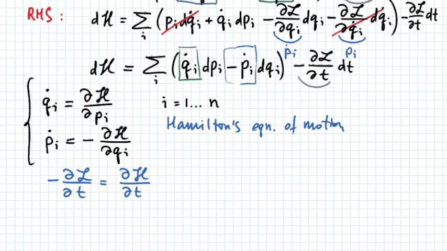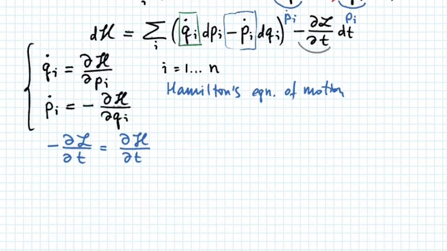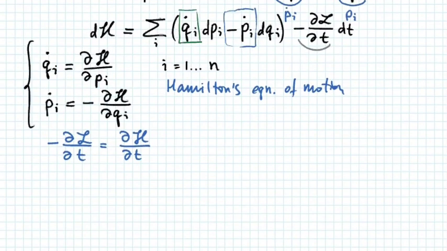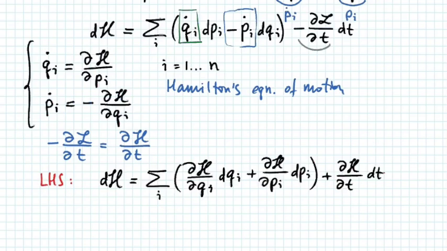Let me point out one more consequence of introducing Hamiltonian, which is rather interesting. So let's reproduce the equation for full differential that we got from the left-hand side of the equation above. So now let's substitute using Hamilton's equations of motion the partial derivatives of Hamiltonian.